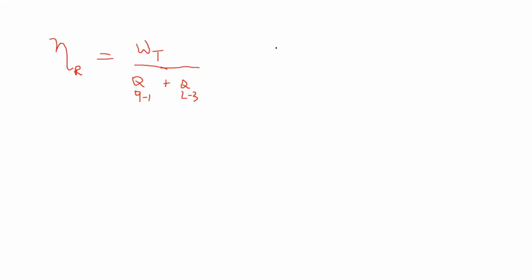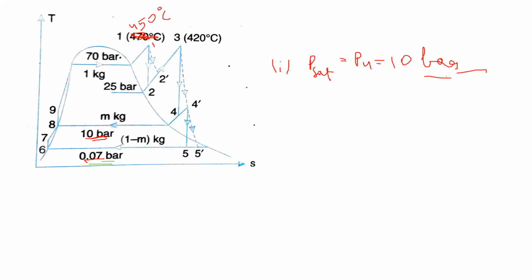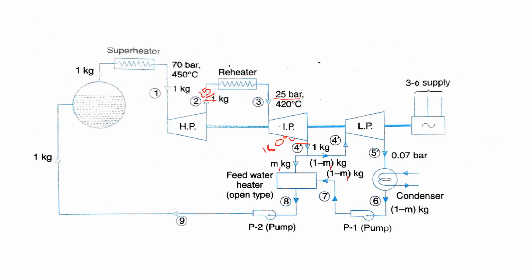This is the equation. When you want to write the turbine work done, there are three independent turbines. You're supposed to link these.